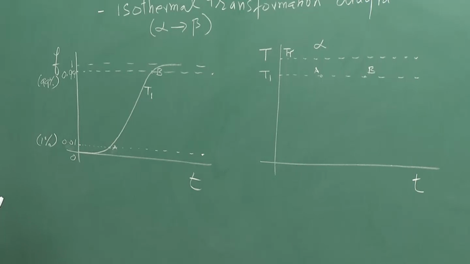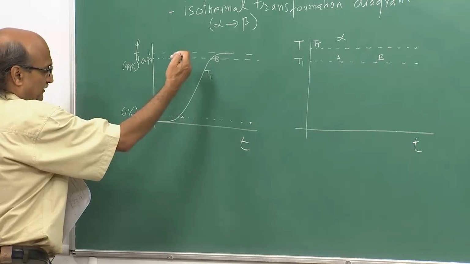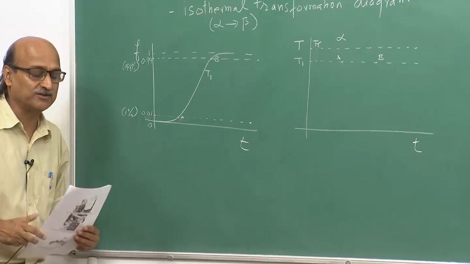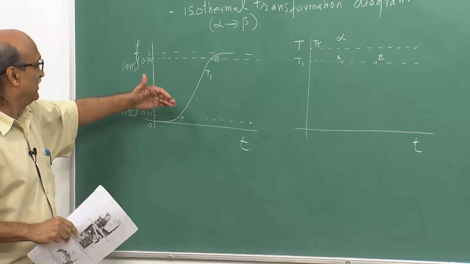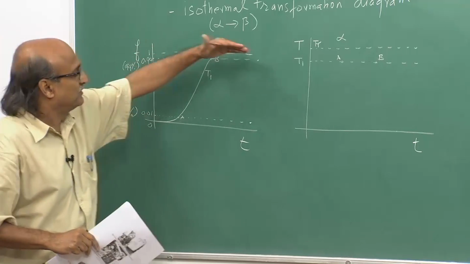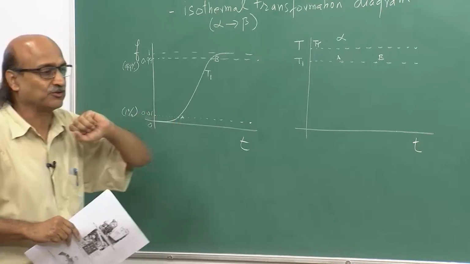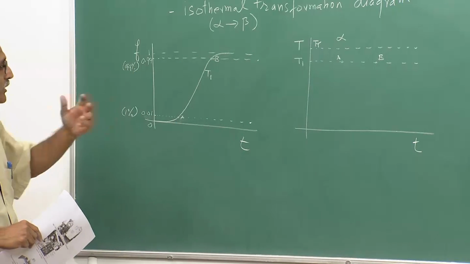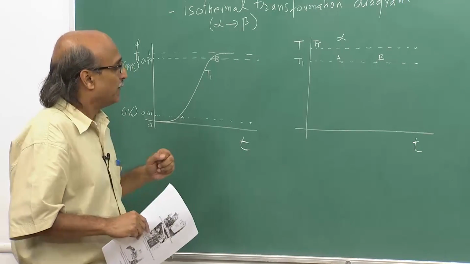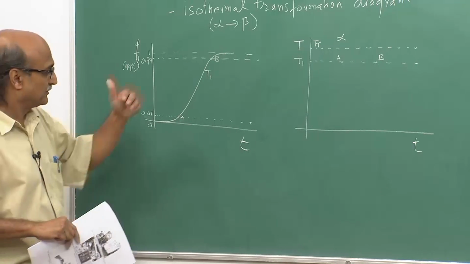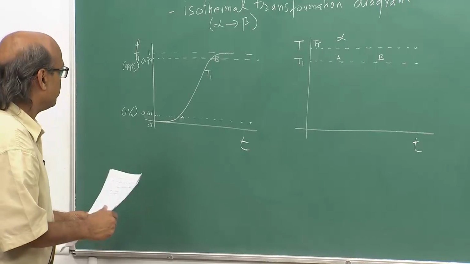Now, let me consider another temperature, as we go down in temperature. As we have already seen, this temperature T1 is quite close to the transformation temperature, so the kinetics will be slow because the nucleation rate will be low and the growth rate would be low. But both nucleation as well as growth go through a peak as the undercooling goes up.